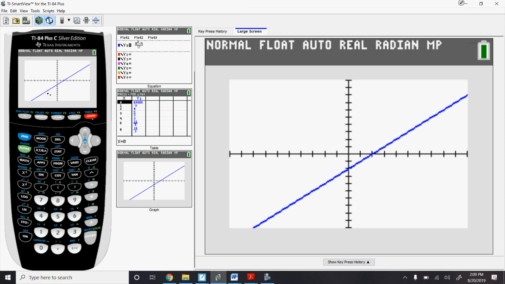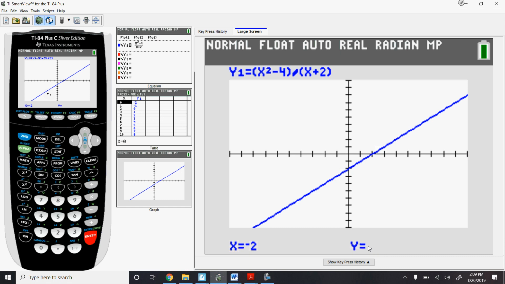Interesting. Let's trace -2 and see if that gives us the answer. When I trace -2, it says x equals -2, y equals blank. That is because -2 makes this rational function undefined.